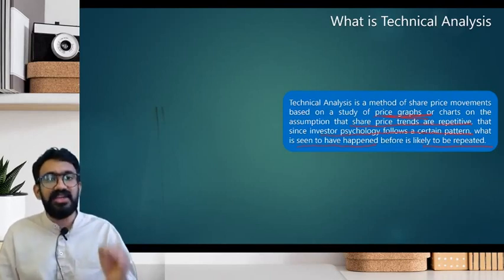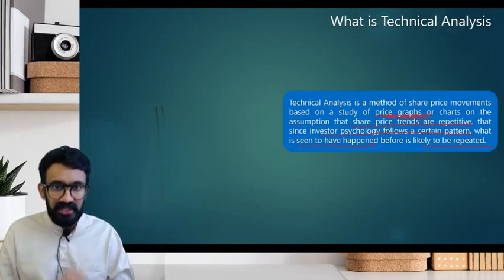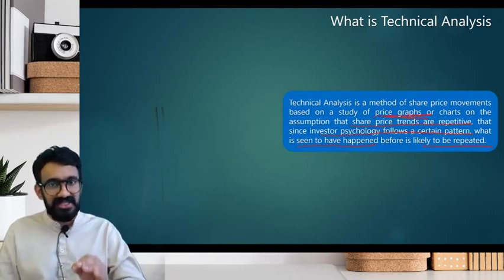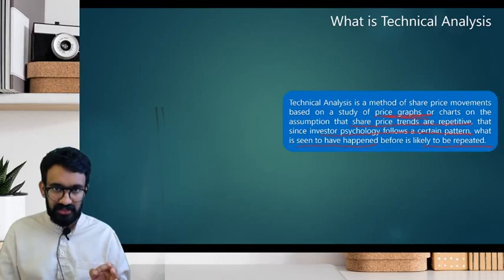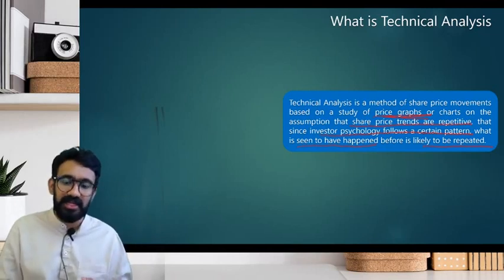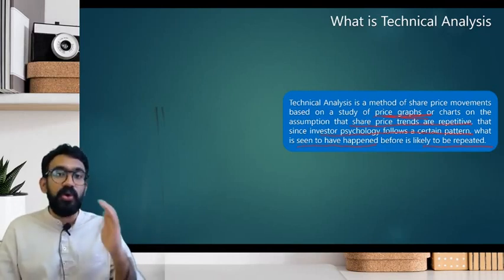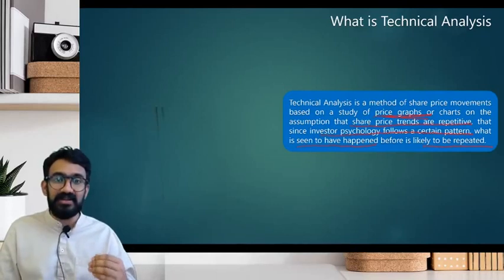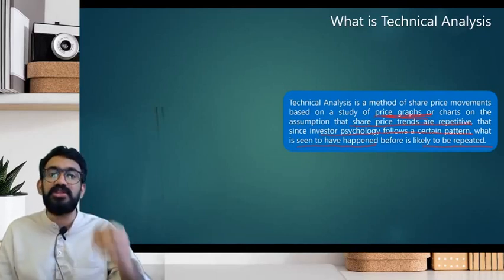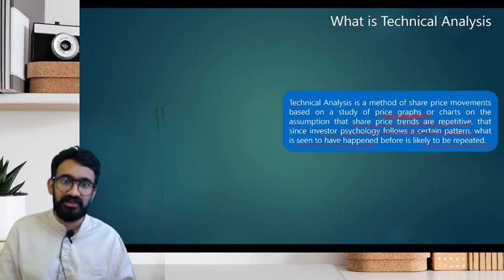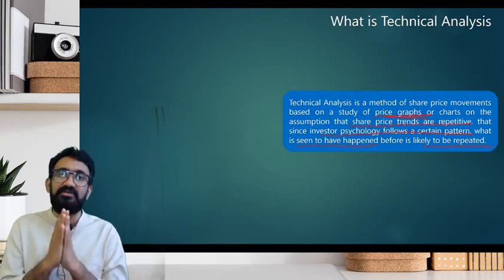And why are we studying that? Because we assume that share price trends are repetitive. Whatever trend has been formed will continue to be formed. Also, whatever is the investor psychology associated with the trend, we have already seen some understanding of investor psychology.